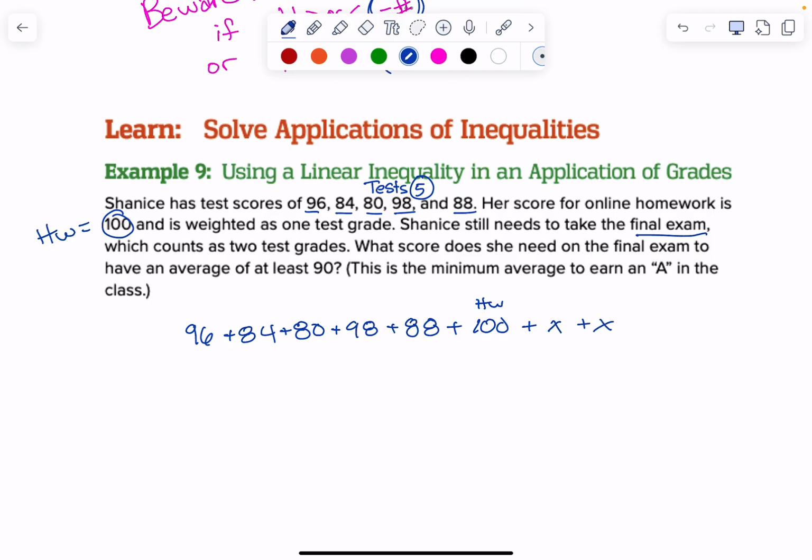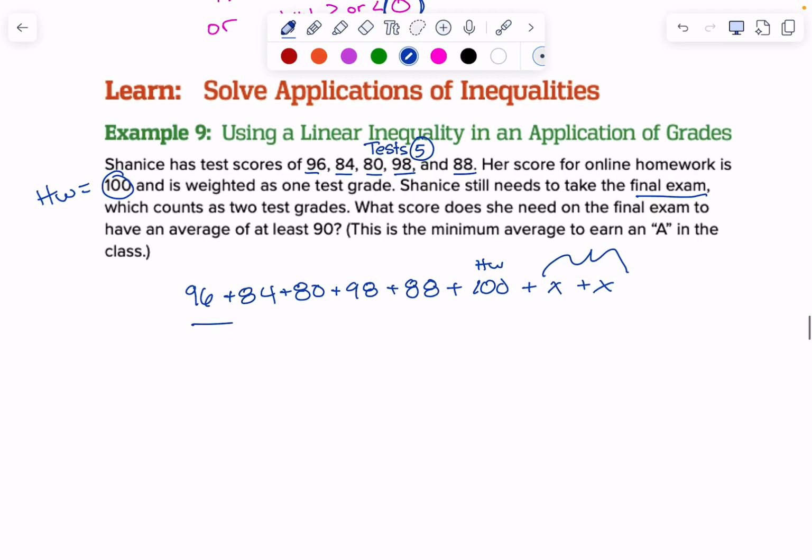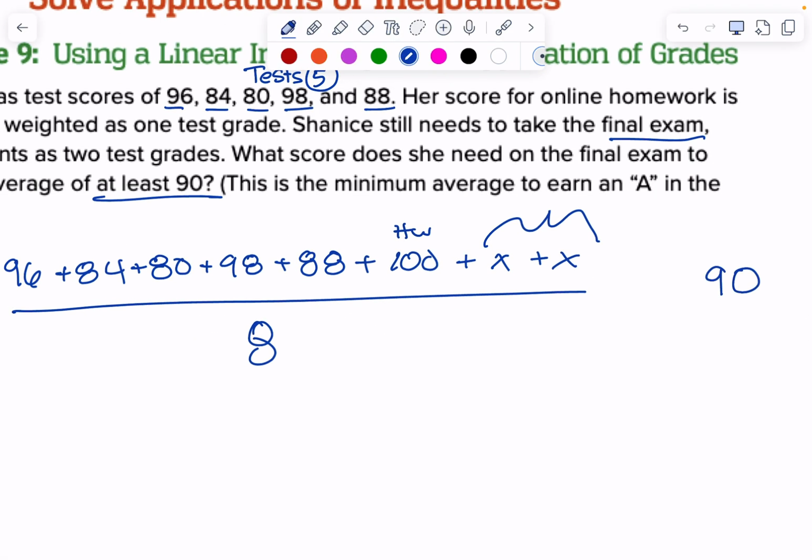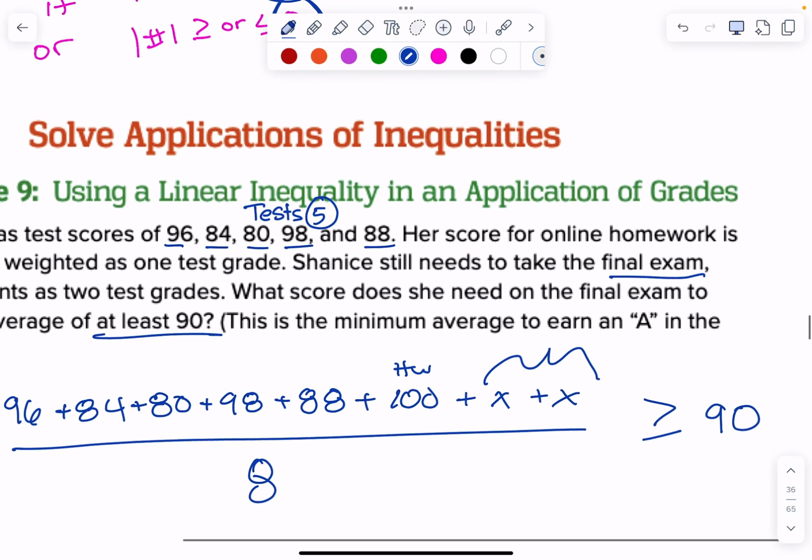I'm going to call those both x, because this is what my final test score looks like. So we put a 2x, divide by 8, and I want that to be at least a 90. So what symbol goes here? I want this part to be greater than or equal to 90.